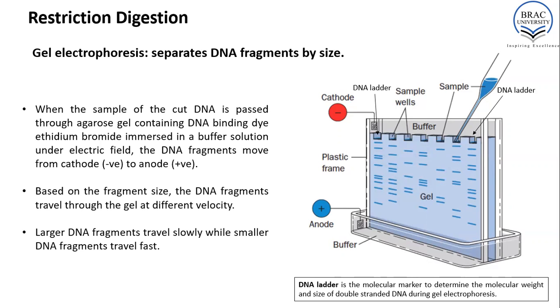So the DNA ladder gives you a reference for what size each band is. In this way, we can identify or confirm that our DNA fragment has been cloned into the vector.